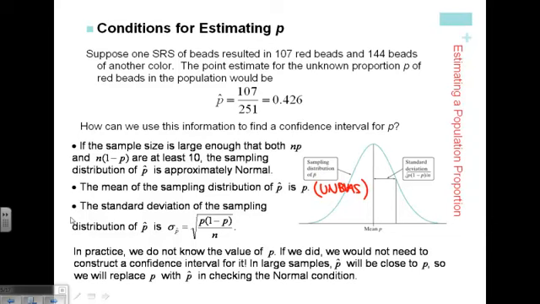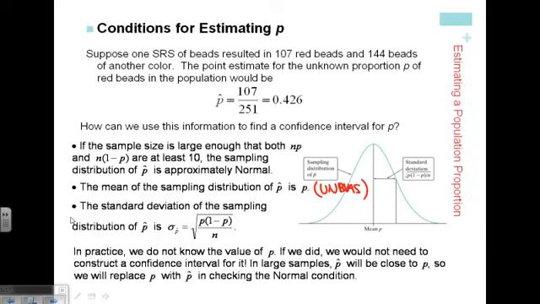It comes from one draw. So when I drew those beads out of that barrel, do I know what p is? No, I don't. I know I got the draw, I got the statistic p hat, but I don't know p.